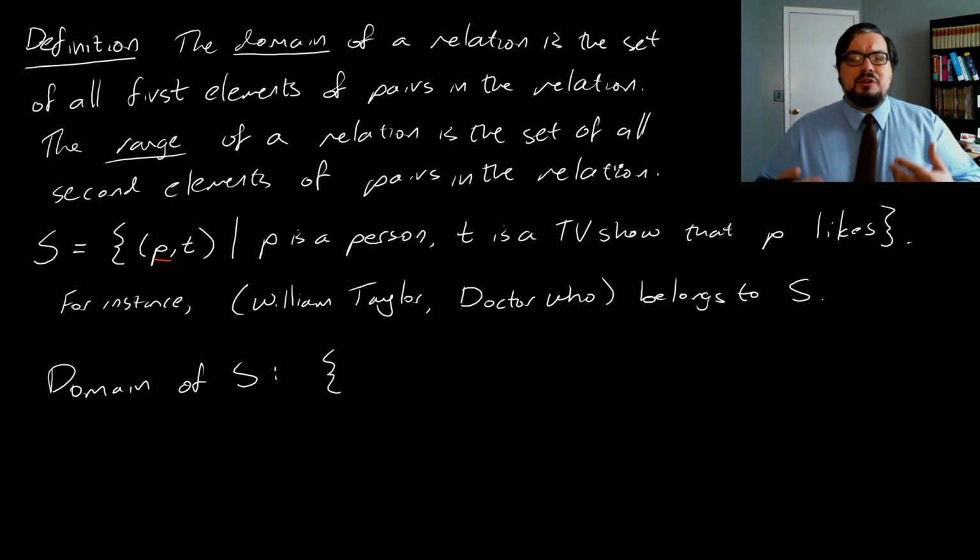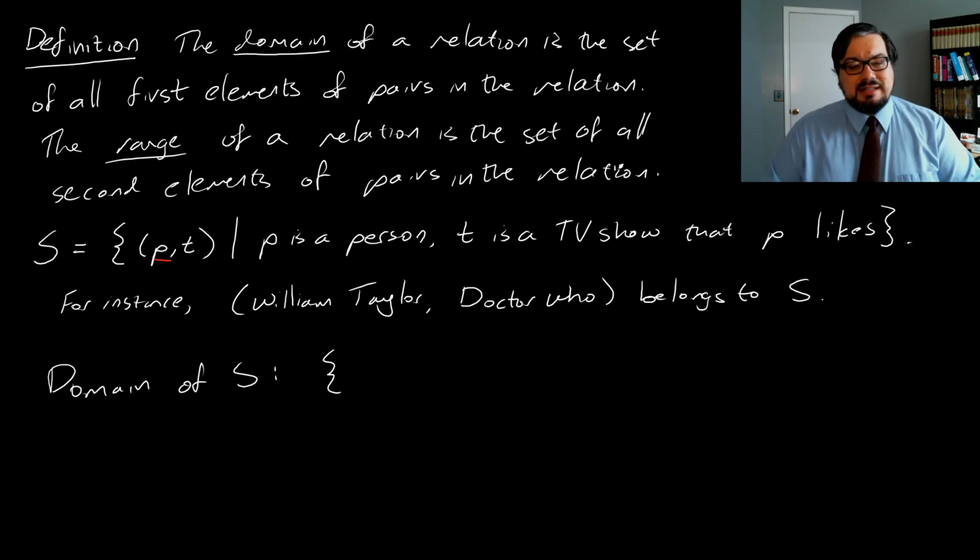When will a person be related to a television show in S? That will happen exactly when that person has at least one television show that they like. And that's not necessarily going to be all people. Now, it might, we don't know, but we can't just assume that it's all people. We need to be more precise.